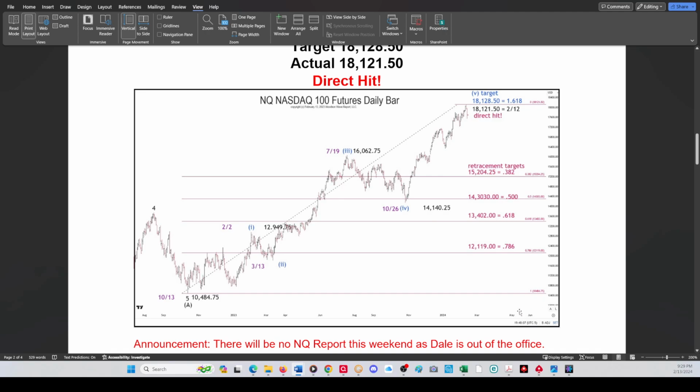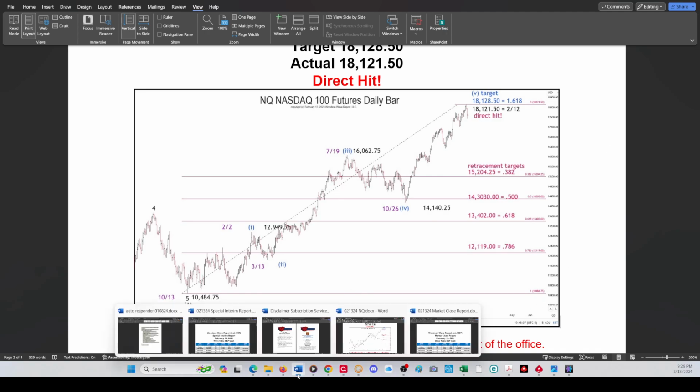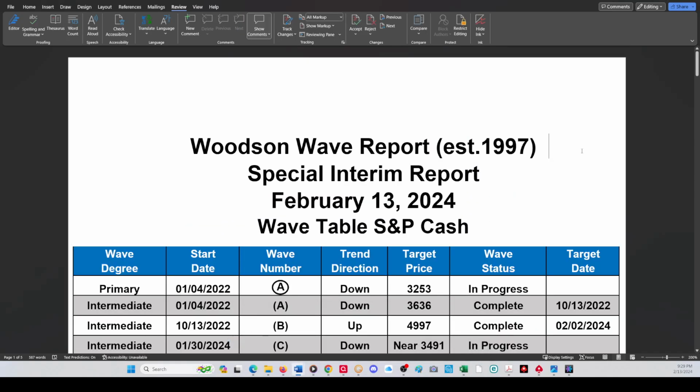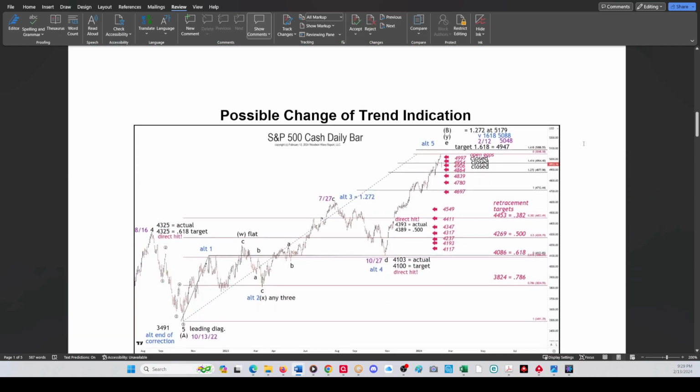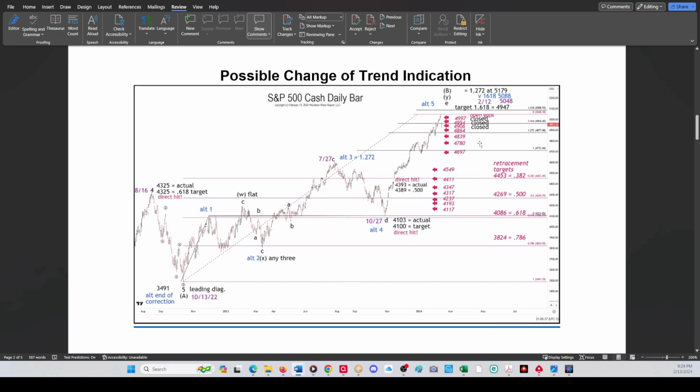All right, let's go from that to our special interim report, which covers the S&P 500 cash, among a lot of other things. It goes to our annual subscribers, and you can see here possible change in trend. Again, there's those 14 open gaps, 3 of which have been closed.